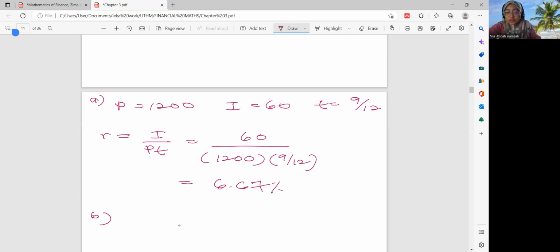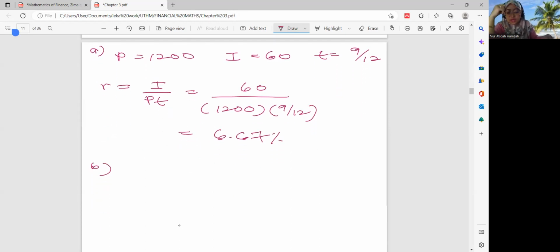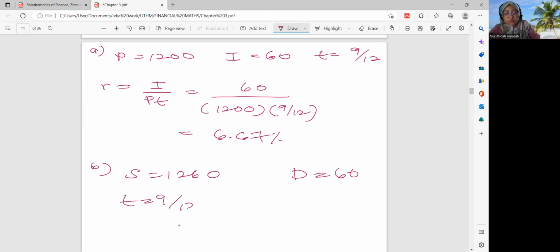For B, we want to find D. Okay, so S we have as 1,260, D is 60, T is 9/12.